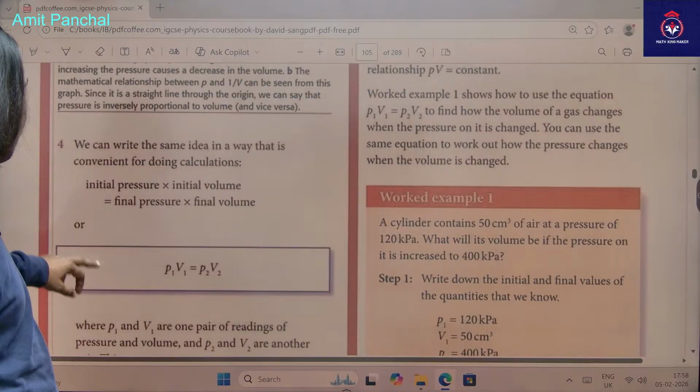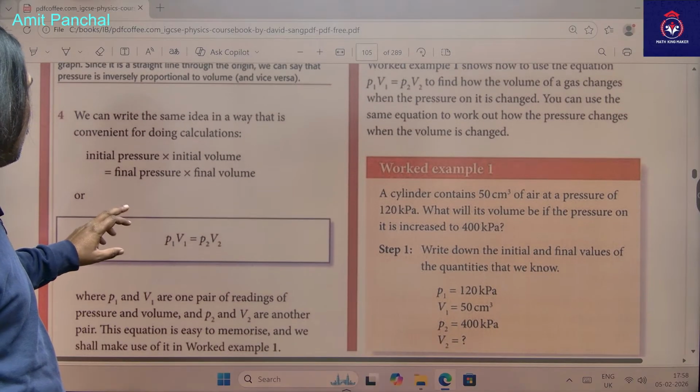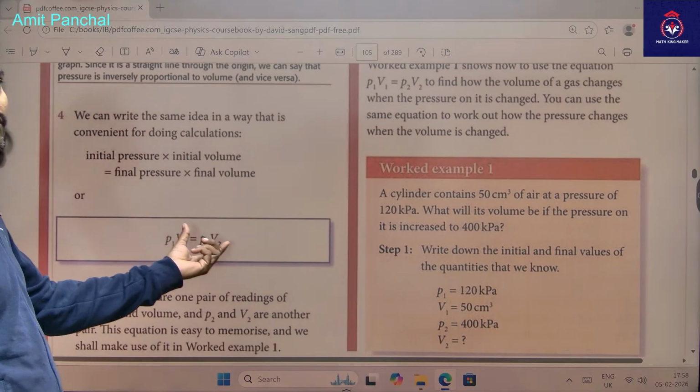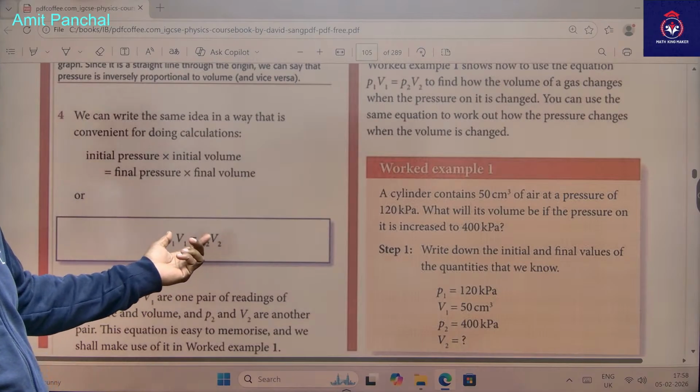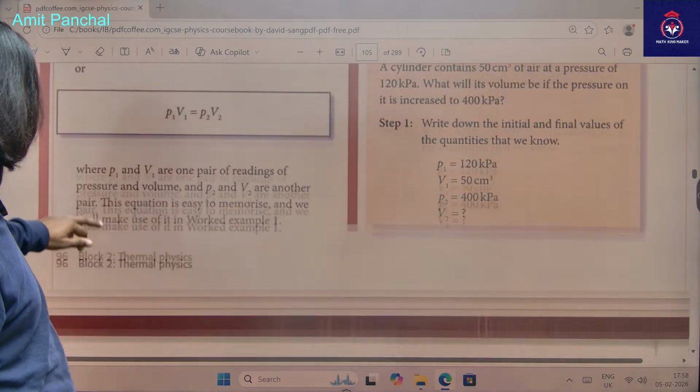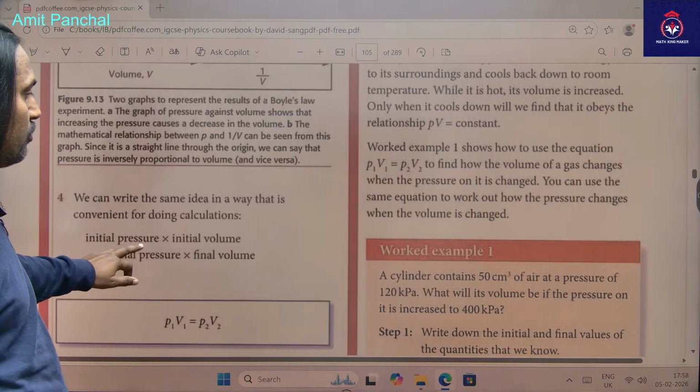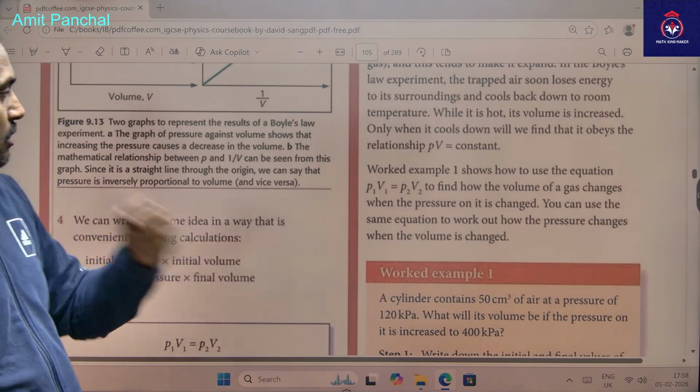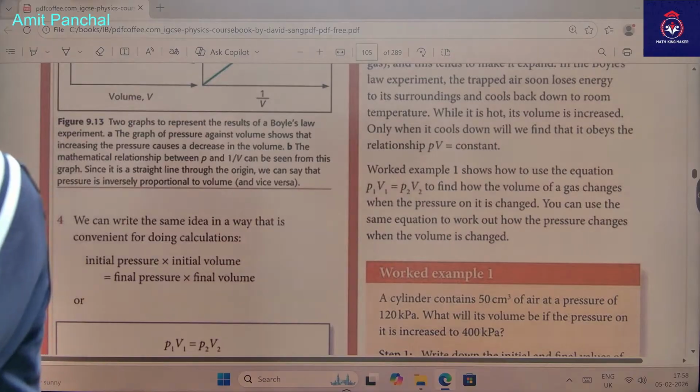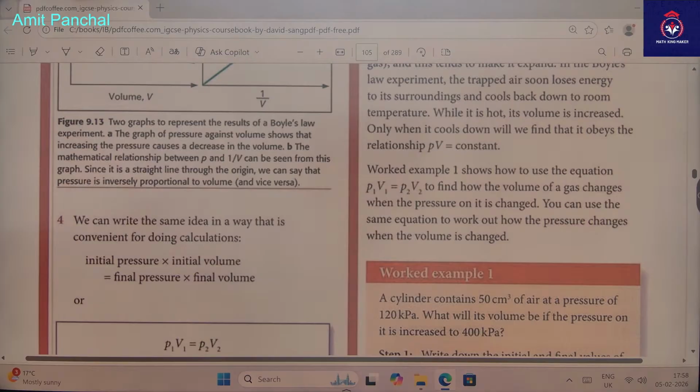So basically we calculate P1 V1 equal to P2 V2 in 2 scenarios. Once 2 scenarios are given, we calculate it. Just calculate this example 1. In Boyle's law, just remember that they will talk about only pressure and volume.